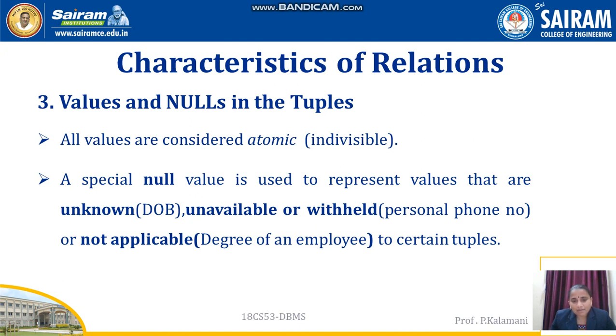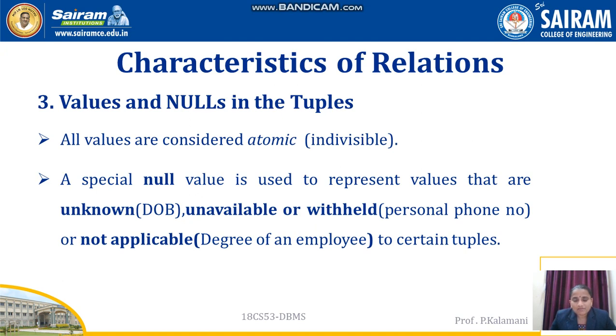Then, not applicable to certain pupils. For example, if there are any diploma students in your class, the PUC marks are not applicable for them, because most diploma students join diploma after 10th. So for them the PUC marks column is not applicable.